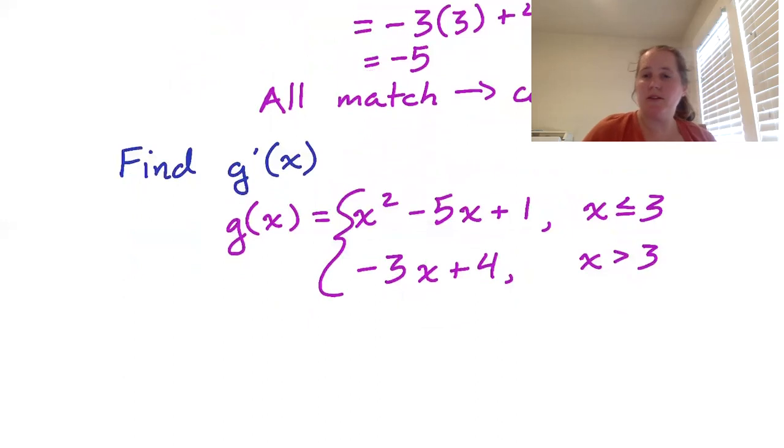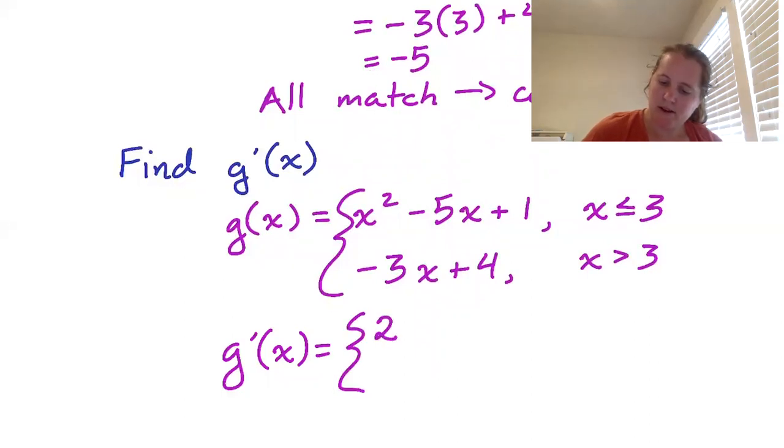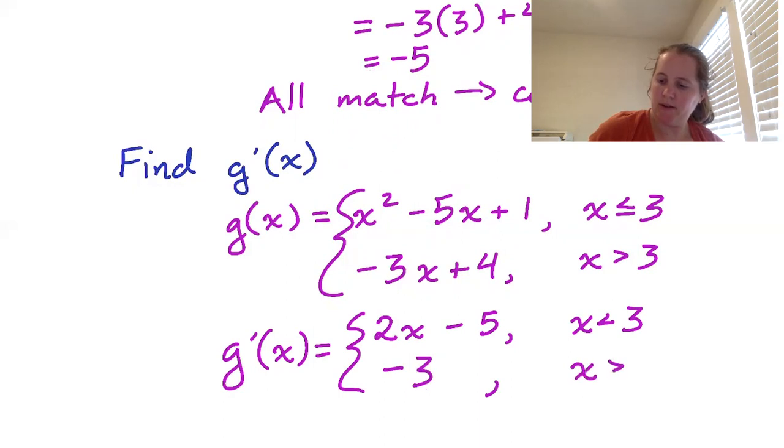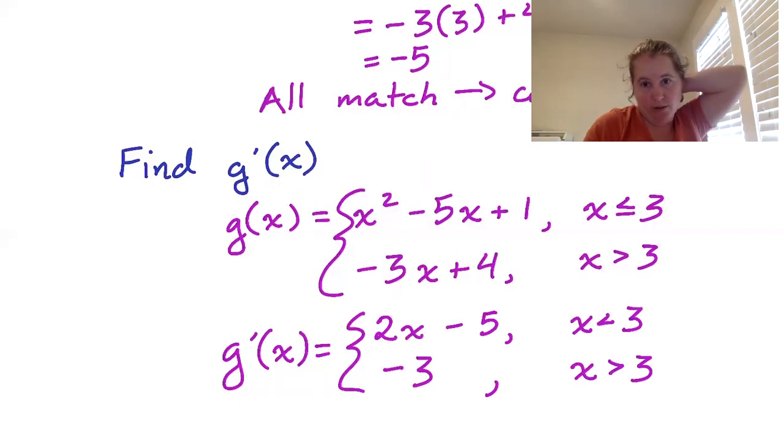When we take the derivative, we can take each of these on their own. So g prime of x would be 2x minus 5 for x less than 3, and negative 3 for x greater than 3. The reason I switched to less than instead of less than or equal to is that the derivative requires taking a limit from both sides, and unless these two agree, we won't have that it's differentiable at x equals 3.